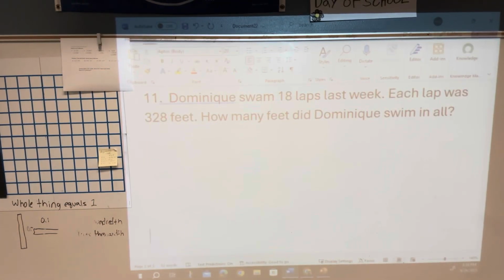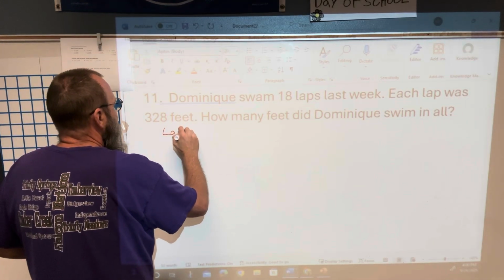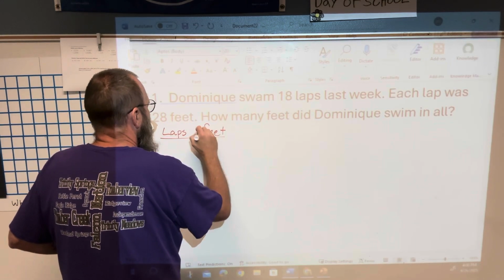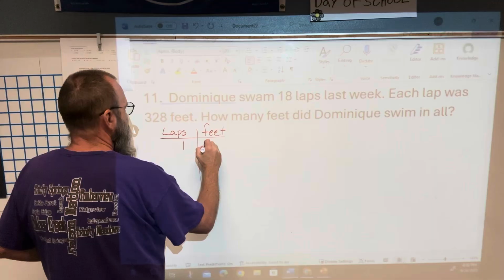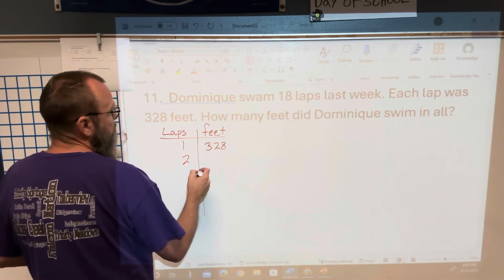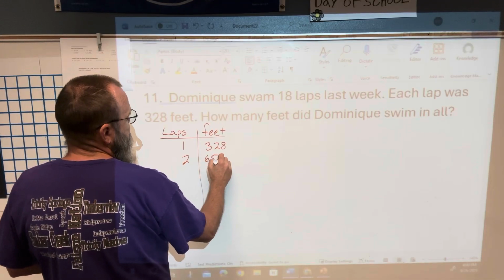Problem 11. Dominique swam 18 laps last week. Each lap was 328 feet. How many feet did Dominique swim in all? Well, if we have laps and feet, I could go one lap is 328 feet. 2 laps is 656 feet.